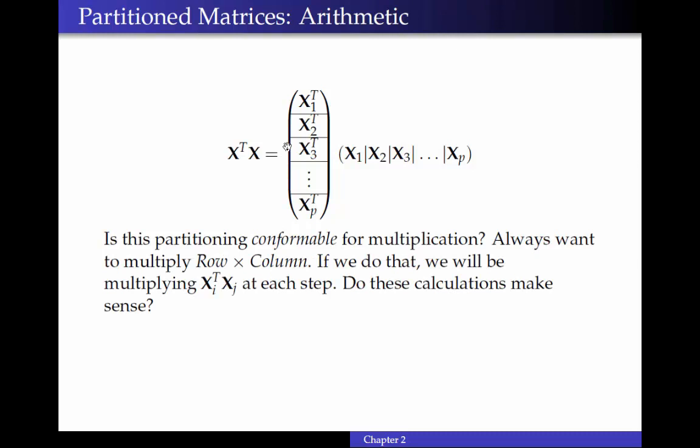We're always going to want to multiply row times column. So even when we have blocks, the whole idea is to make these blocks, simplify our notation, and then almost pretend like these blocks are individual numbers. So we're going to multiply row times column, row times column, row times column. But they're not individual numbers, so we have to make sure that what we're doing actually makes sense. Can I actually multiply X1 transpose times X1?